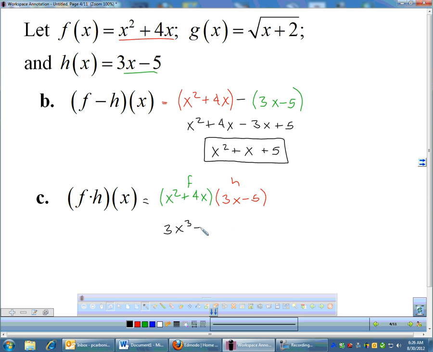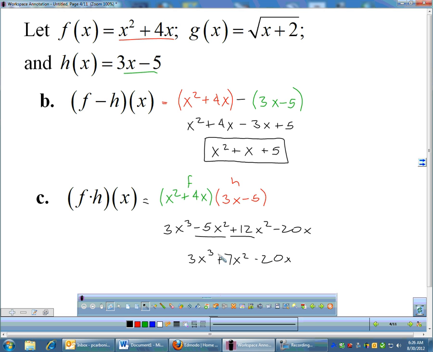X squared times negative 5 is negative 5x squared. 4 times 3 is 12. X times x is x squared. 4 times 5 is negative 20x. And it looks like we can combine. I can combine negative 5 and 7. Those two add to 7x squared, the 3x cubed, and the negative 20x just comes along for the ride. You could, if you really wanted, factor an x out of that. They do have an x in common, but factoring is unneeded here. So I'm just going to put a box around that and move on.